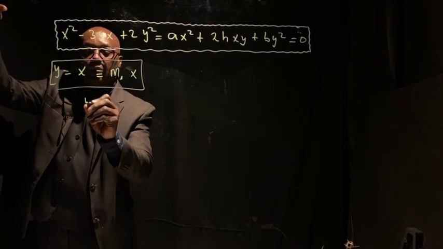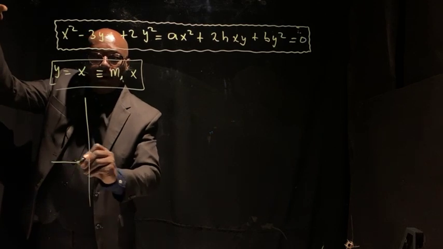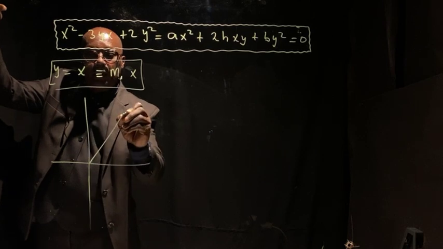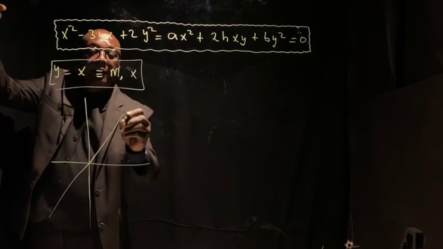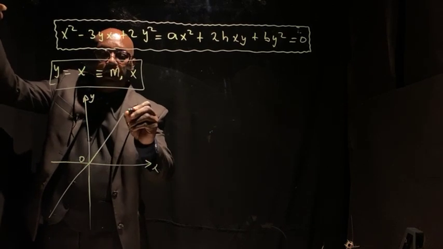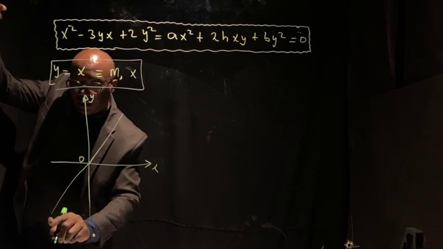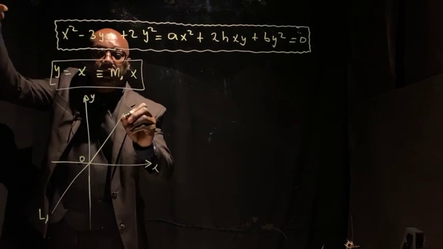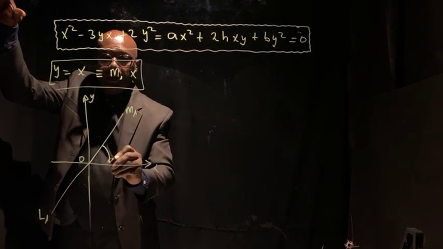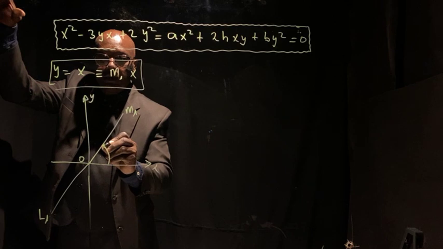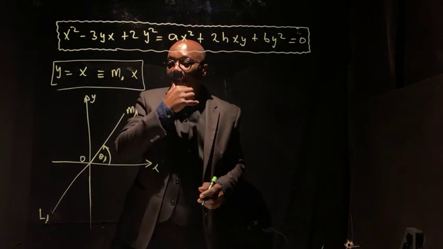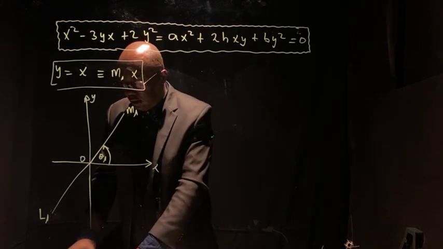This equation has a line that passes through the origin. This is the y-axis, this is the x-axis, and this is the origin. And this one is the line L1, whose gradient is m1. And you can see that there's an angle here. I'll call this angle theta 1.